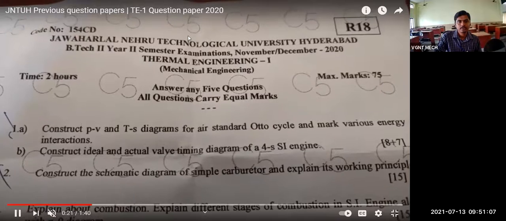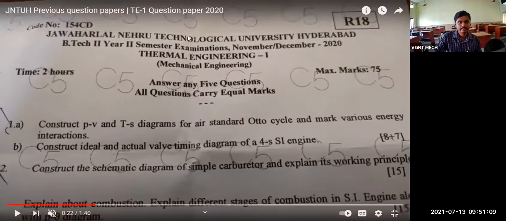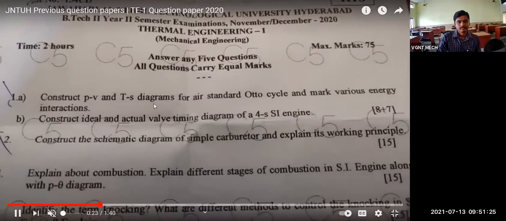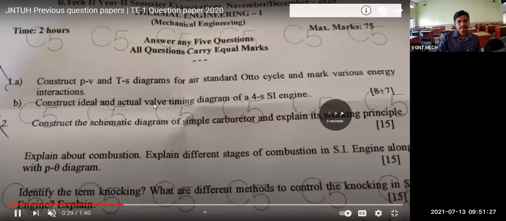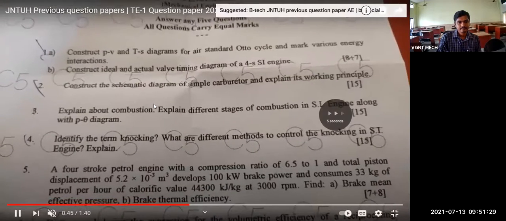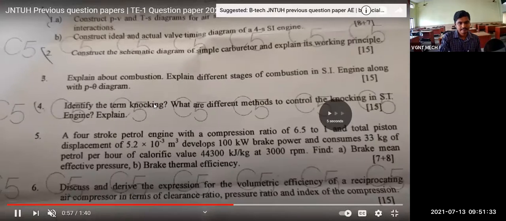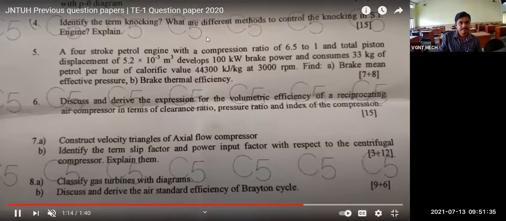So this is the 2020 question paper we have. Last year question paper. So here one question was there from the compressor that I want to show you. Yeah, this question. Question number 7.